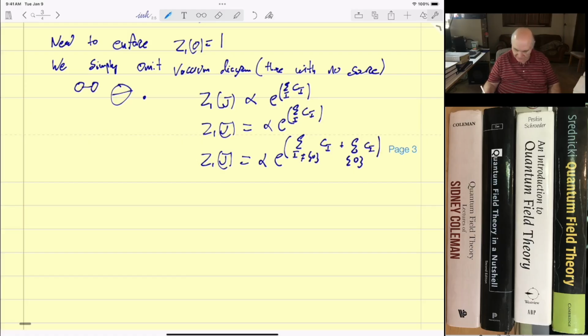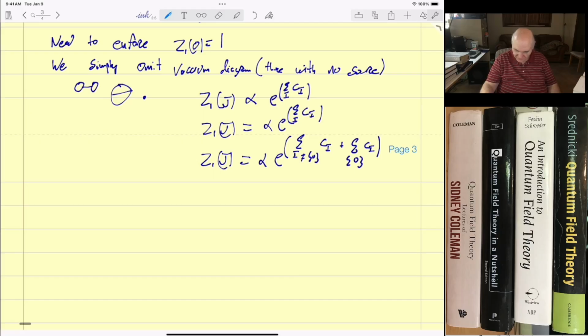So what I'm doing is I'm separating out all the vacuum diagrams from all the diagrams with sources. I unequal to 0 means that there's no vacuum diagrams in here. So a vacuum diagram is a diagram with no sources.